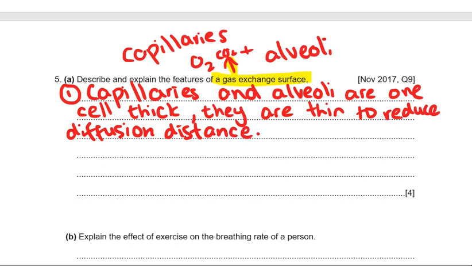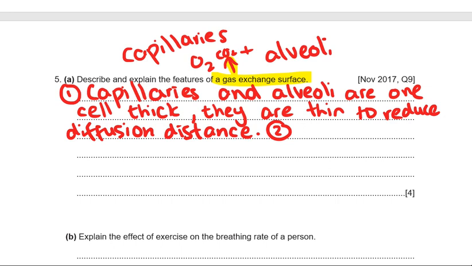capillaries and alveoli are 1 cell thick, and they are thin as well to reduce diffusion distance. Second point we're going to talk about is how you have thousands, or is it even millions of alveoli? Let me just have a look. Millions, actually.